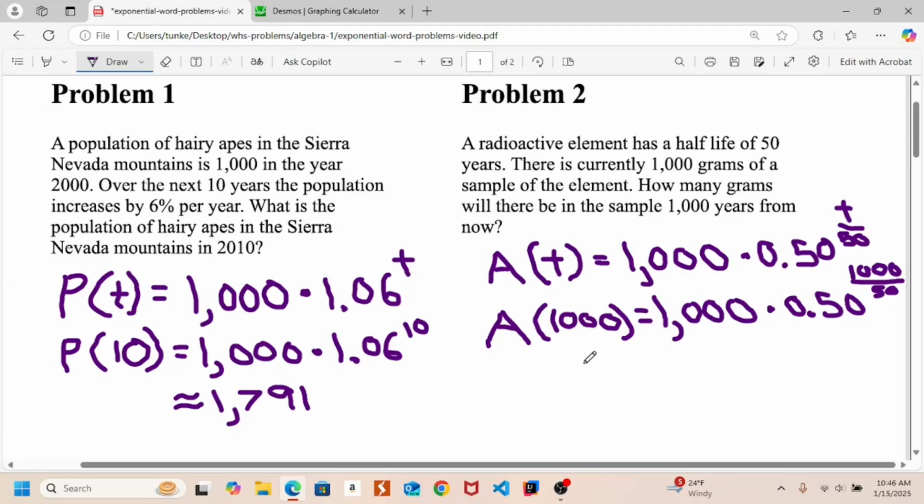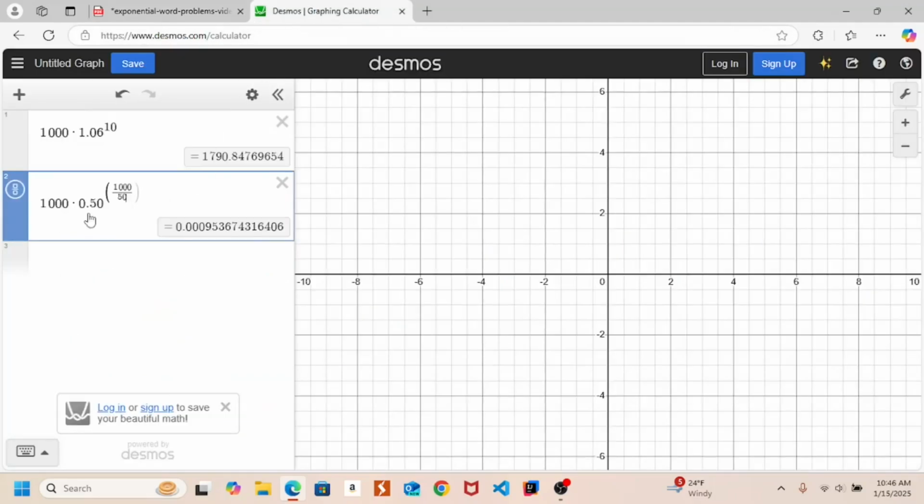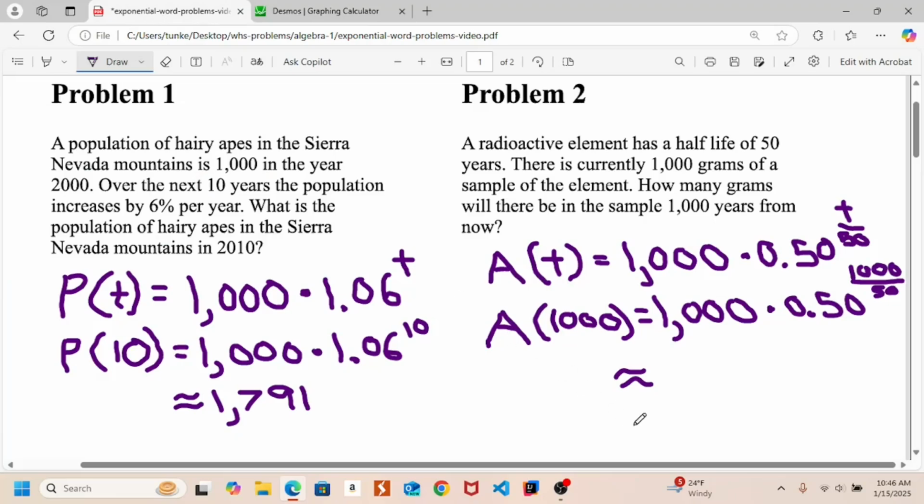So our amount is going to be approximately, let's make sure we did all that right. Yep. 9/10,000ths of a gram of whatever this element is left. And that's grams here.